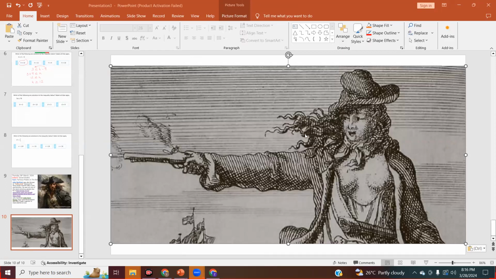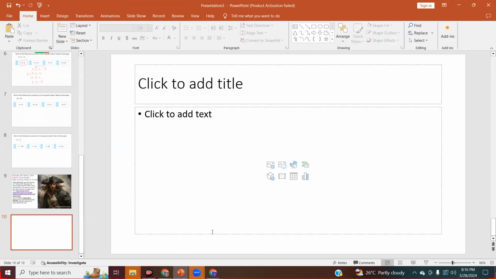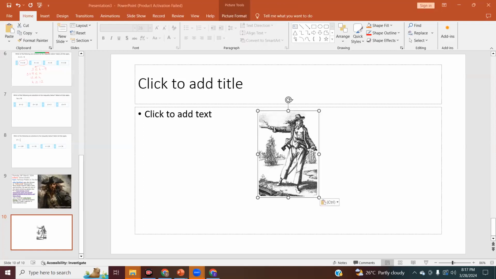And then another picture, the full picture, would be this one. This is another picture that is commonly associated with Anne Bonny.